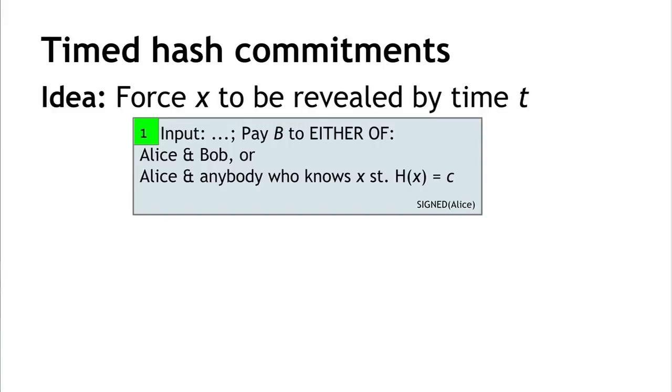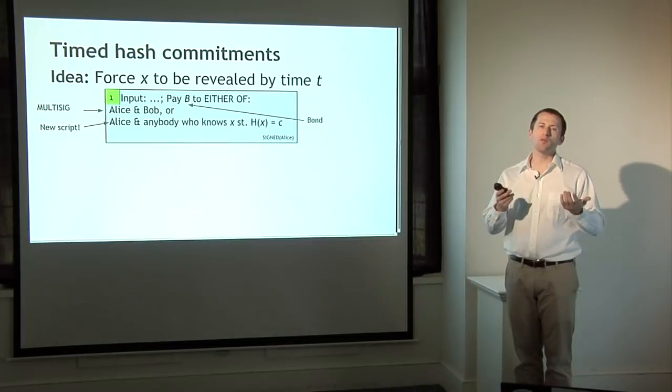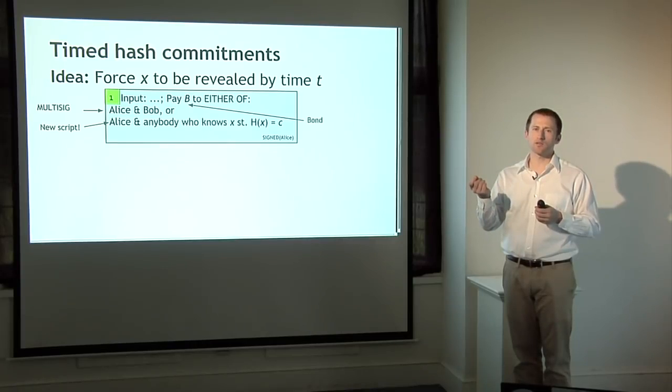So let's say that Alice is trying to enter into a timed hash commitment with Bob. Alice is going to put up a bond, and she's going to have a transaction that will pay the bond in 2 cases. So if Alice and Bob both sign, that's enough to claim the bond.